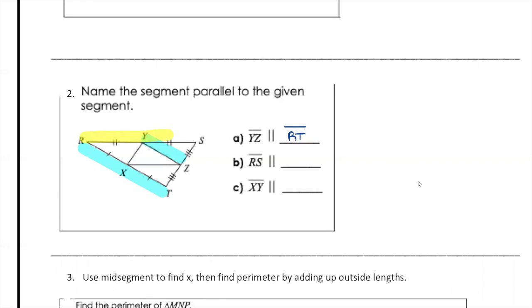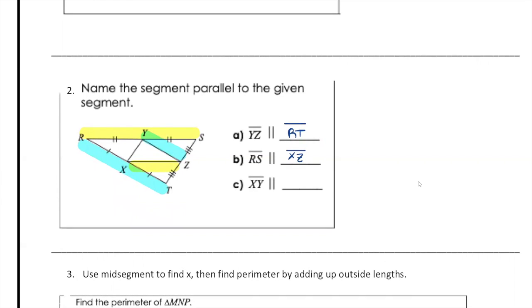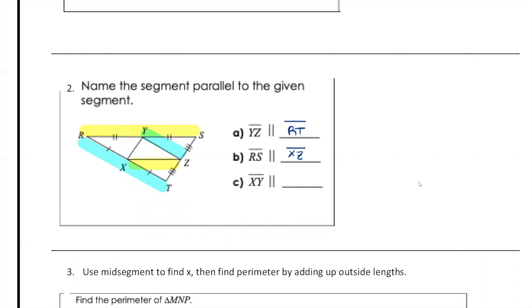RS to XZ, very good. And then finally, XY is parallel to TS.